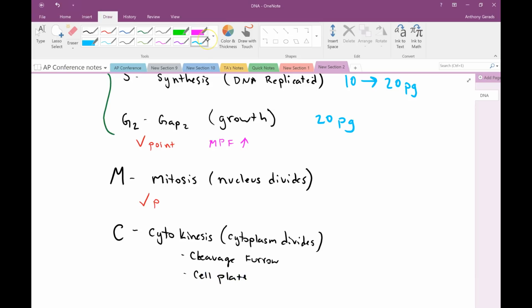Okay, now back to these numbers. During mitosis, what do you think happens to my DNA? Does it stay the same? No. It goes from 20 down to 10. And same with right here, it stays at 10 picograms.